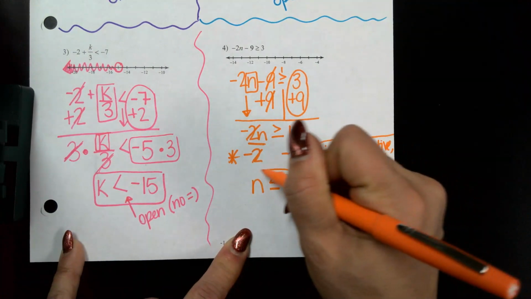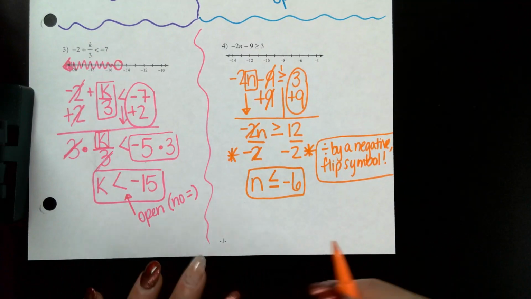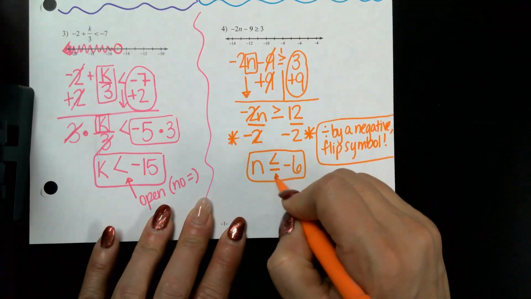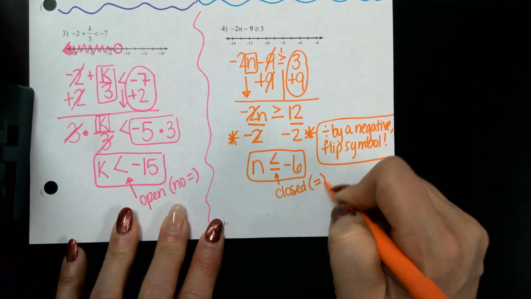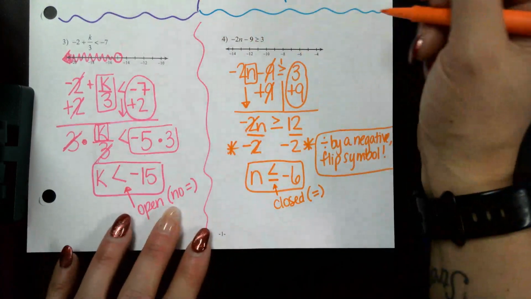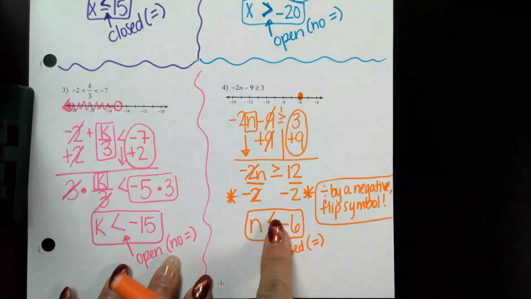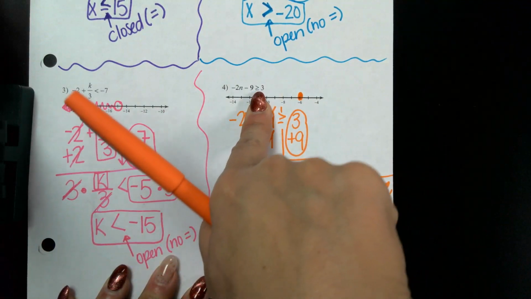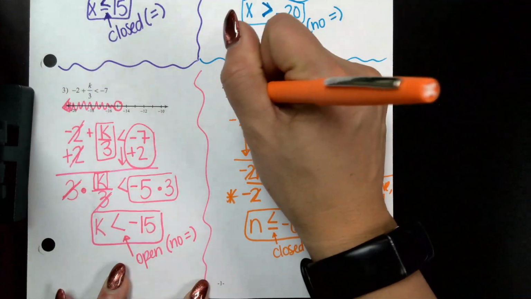Yep, negative 6. It has an equal sign, so we're going to do closed. So negative 6, closed circle, and it flipped around to less than. So don't base it off of the original one. Make sure you're basing it off of your answer. Less than goes left.